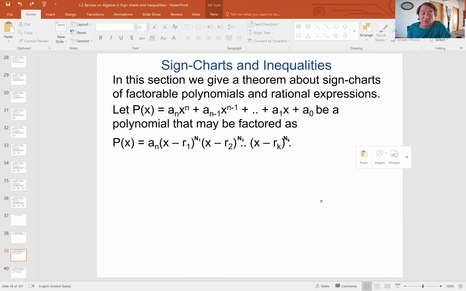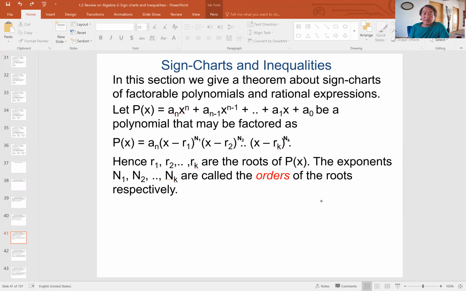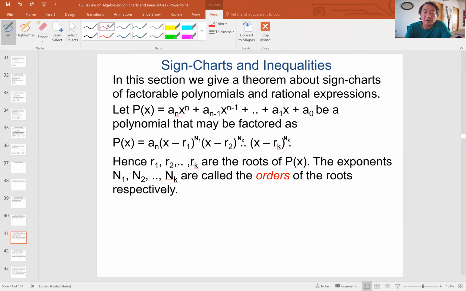So these are the type of formulas we're going to study. And in particular, if the formulas factor in these fashions, then I can eyeball the roots, the R1, R2, up to RK are the roots. And this power, we call the order of the root, the power of the root. That is how many times did it show up.